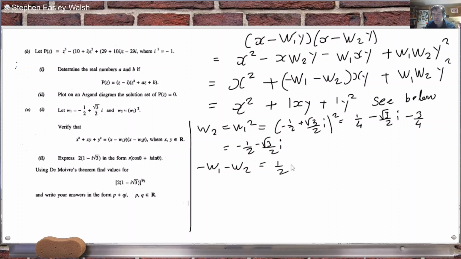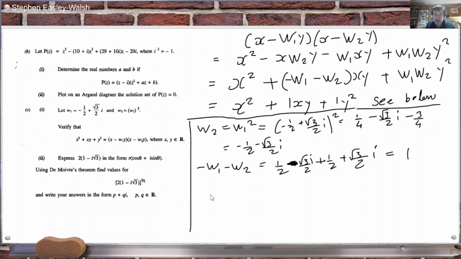Sorry, it's minus w1, so it's minus a half plus root 3 over 2 i, and then minus w2, so that's plus a half plus root 3 over 2 i. So that's a half plus a half, which is 1.